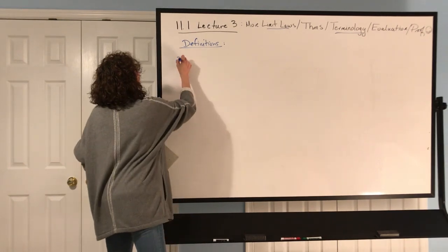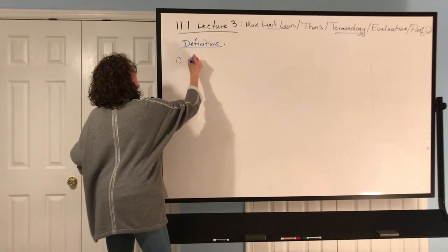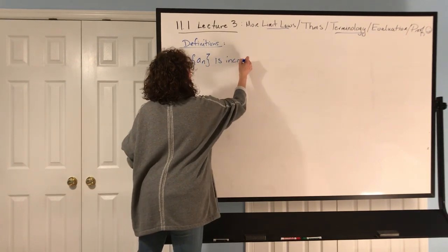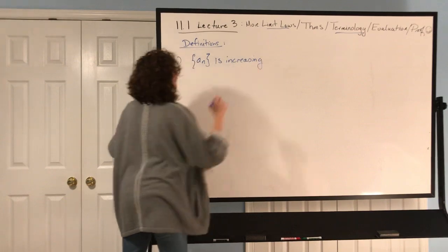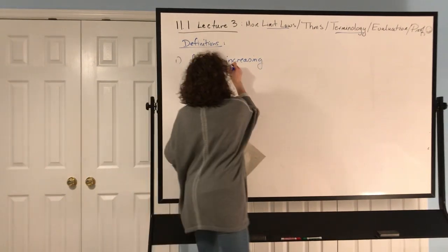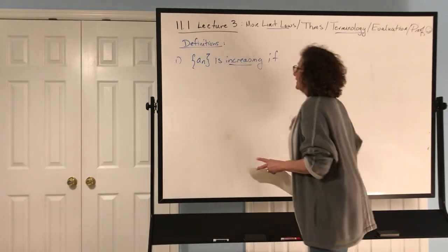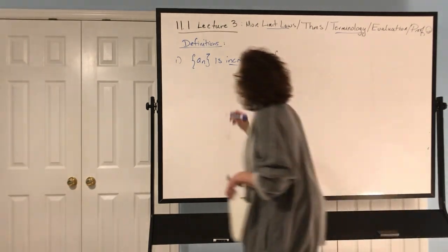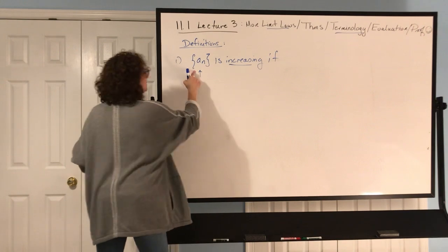So let's do that. We can say that a sequence is increasing. Oh, that word sounds a little familiar, like calculus, right? If what? Okay, so what would that mean? Let's think again about what this thing means when you see it.